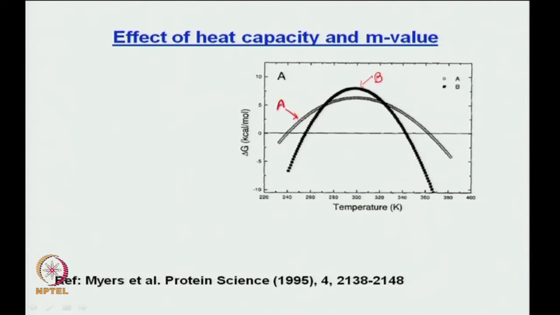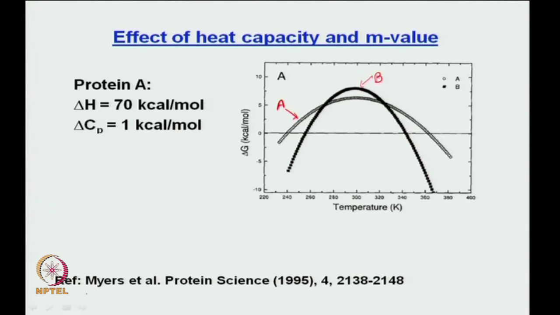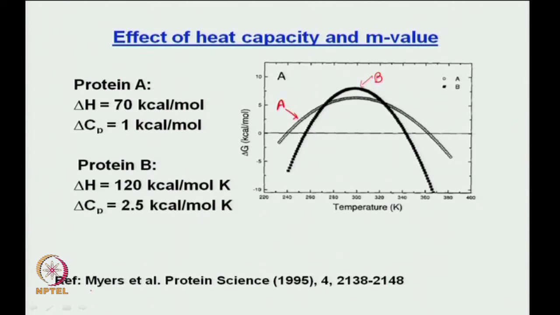And remember, this was your stability curve which we talked about before, right. So, how did they actually simulate this? They said that for protein A, delta H is about 70 kilocalories per mole and delta Cp is 1 kilocalorie per mole. For protein B, delta H is 120 kilocalories per mole and delta Cp is 2.5 kilocalories per mole, right.